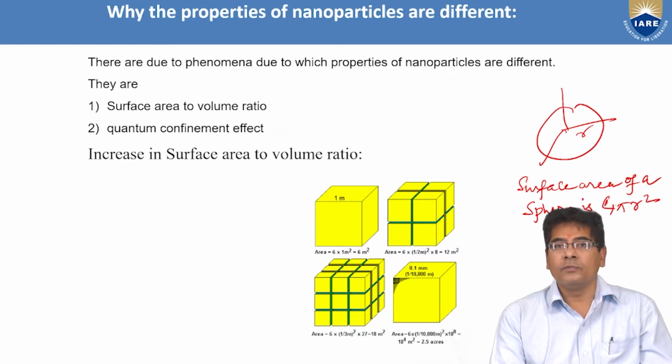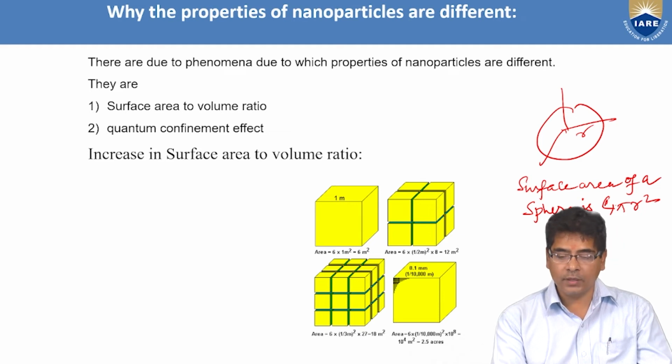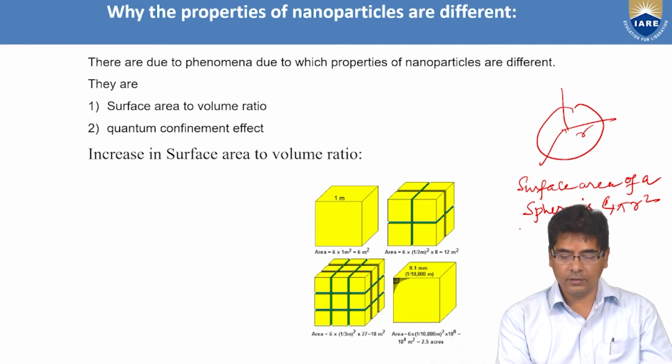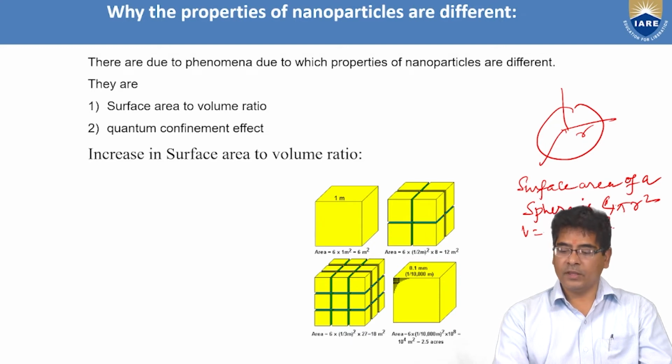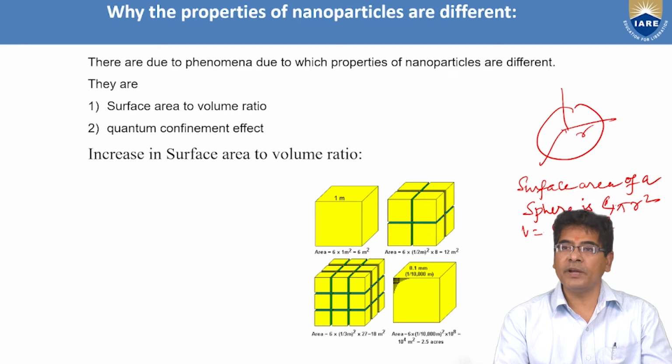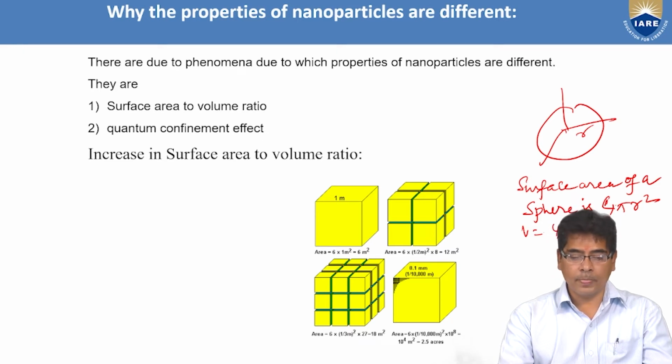Its volume is 4 by 3 pi r cube. Surface area of a sphere is 4 pi r square and the volume of the sphere is 4/3 pi r cube.